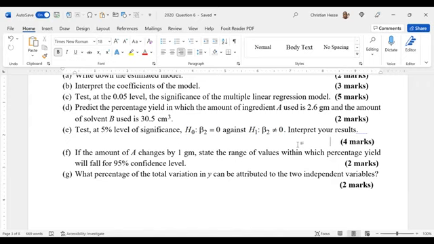Ingredient B. It is the coefficient of ingredient B. So another way of stating this hypothesis is to test whether ingredient B is significant in predicting Y. So here we are testing only for ingredient B, whether it is significant in predicting Y. Please, do you understand the question?